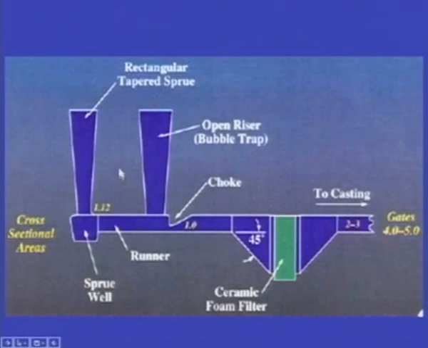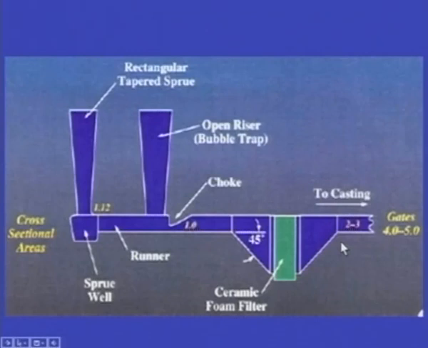like this. So this is the sprue and this is the runner, and here the ceramic foam filter is placed, and this side there is the molding cavity. The molten metal falls through the sprue, and this is the sprue well, and through the runner it passes through the ceramic foam filter.